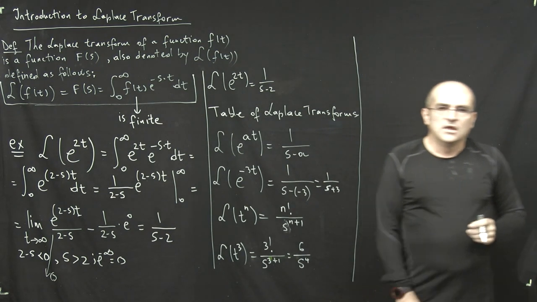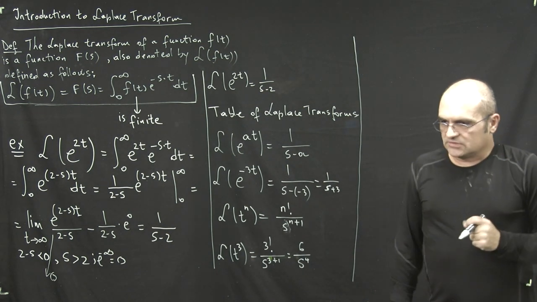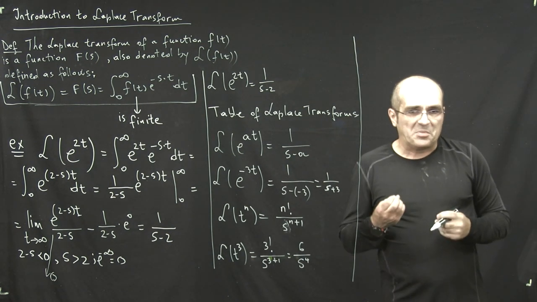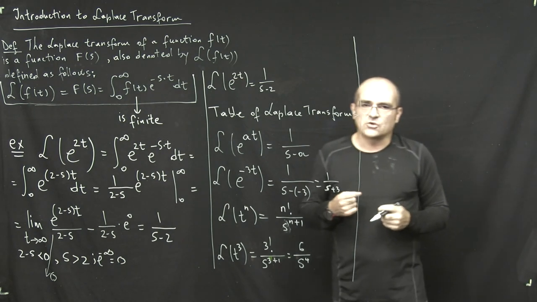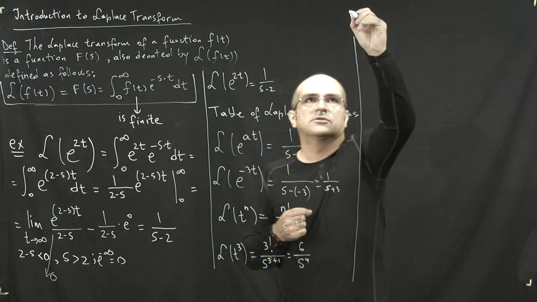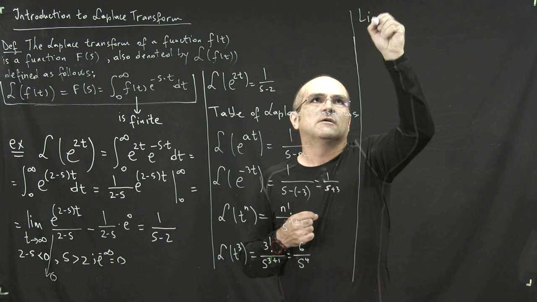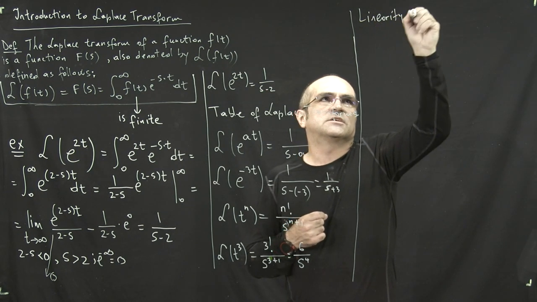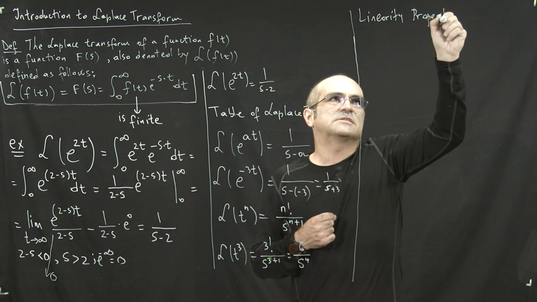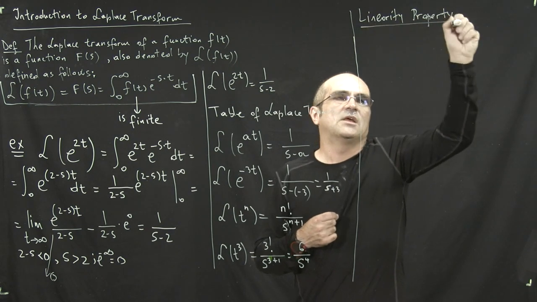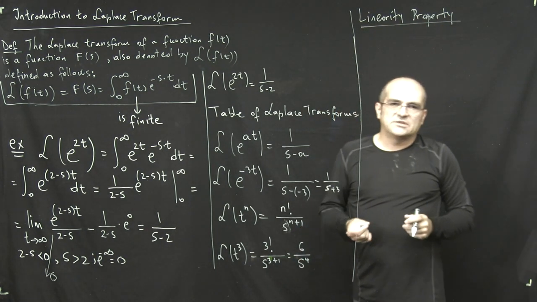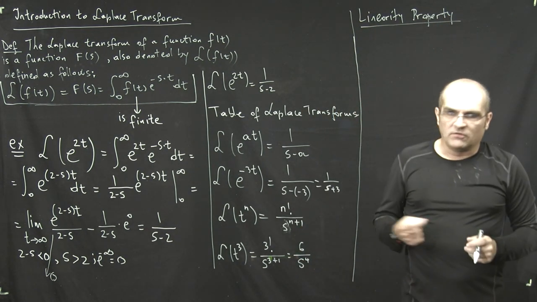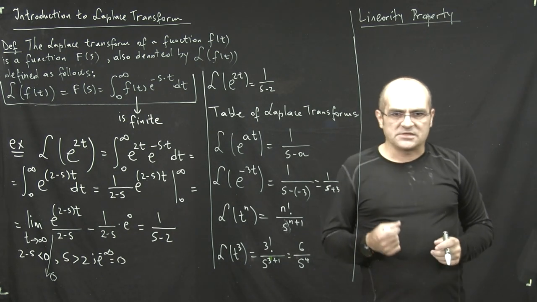The next thing to talk about is perhaps the most important property of the Laplace transform, the so-called linearity property. Let me write it here. It is important for two reasons. First, without this linearity property, we cannot solve linear ODEs with the Laplace transform.